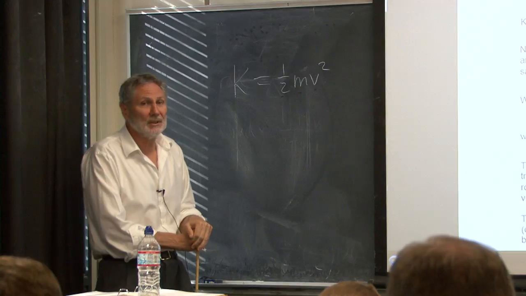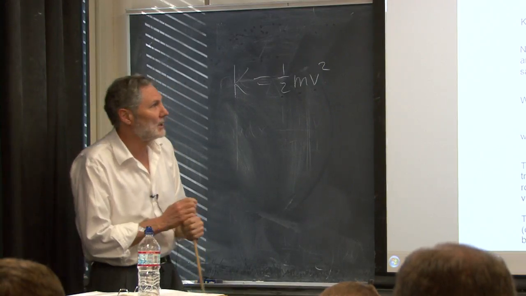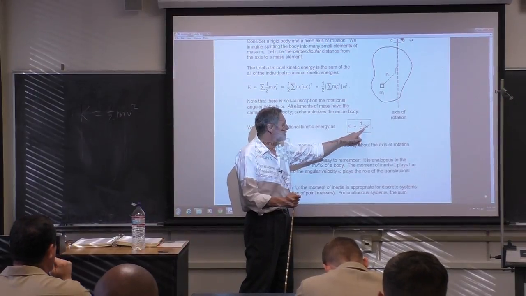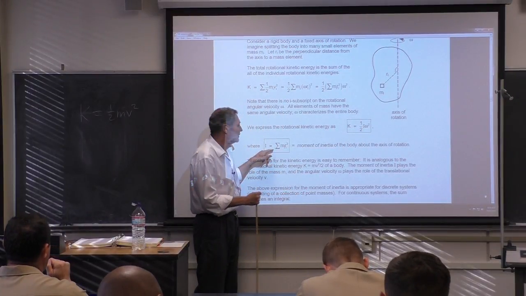It's the same thing for rotation of a rigid body, except we have to use the analog of the mass, which is the moment of inertia, and the analog of the velocity, which is obviously the angular velocity omega. So it's easy to remember this.